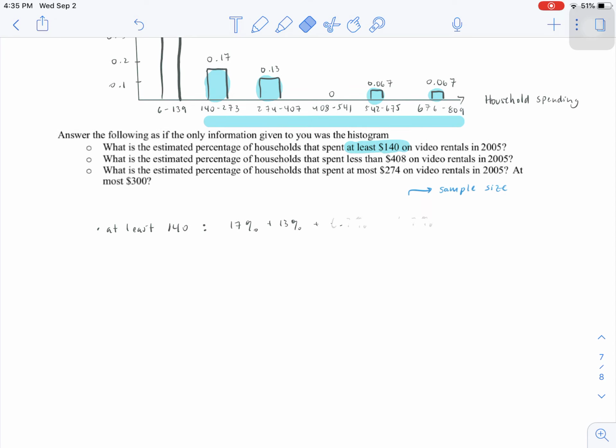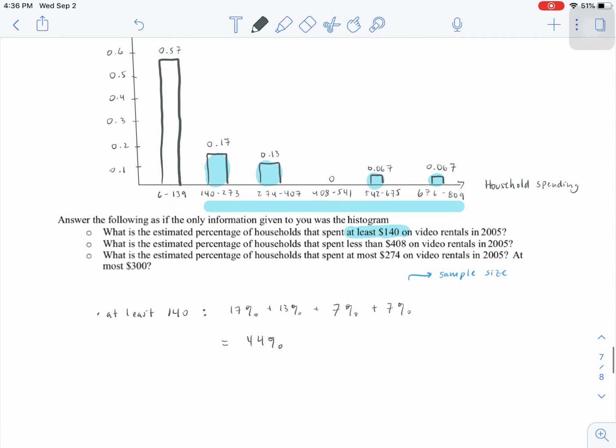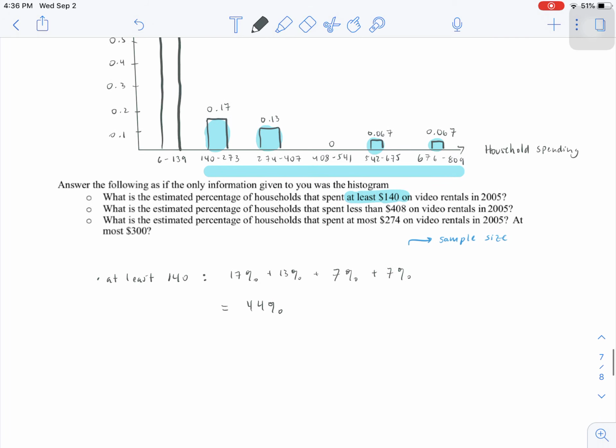Why don't I round these up to 7? 7% plus 7%. If I plug that into my calculator, I should get about 44%, give or take some for rounding.